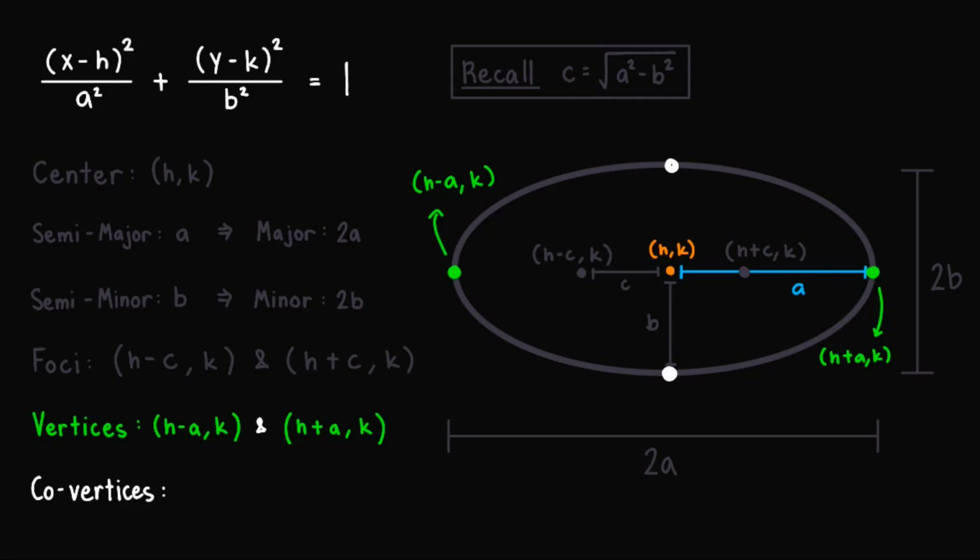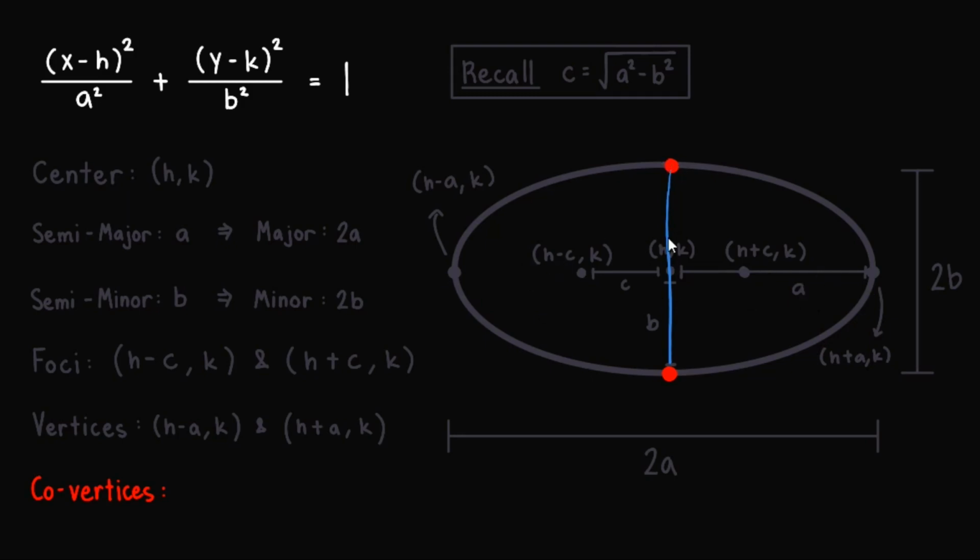And let's now move on to the last part that we still don't know, which is the co-vertices, these two. The idea in obtaining this one is similar to how we obtain the vertices. We take note that by definition, the co-vertices represent the endpoints of a line segment passing through the center that is perpendicular to the major axis, this one.